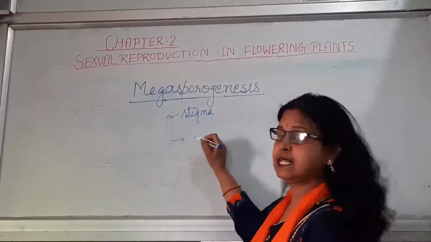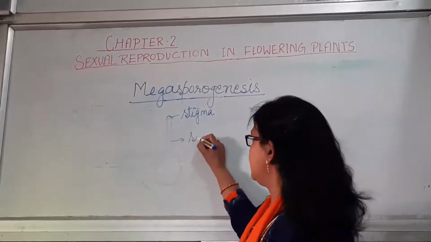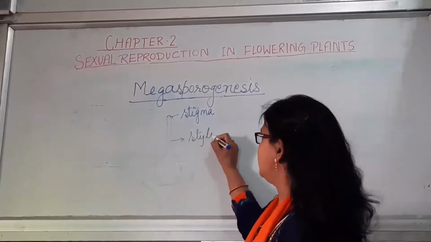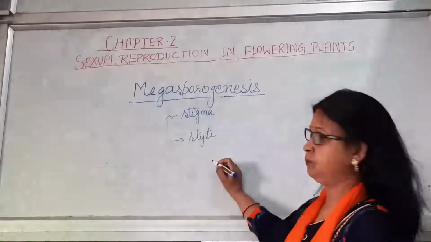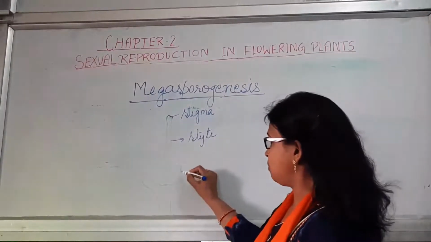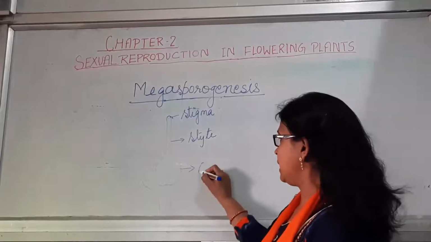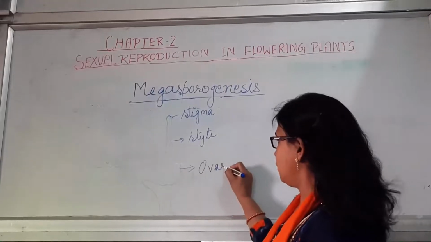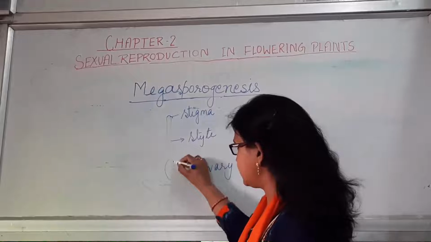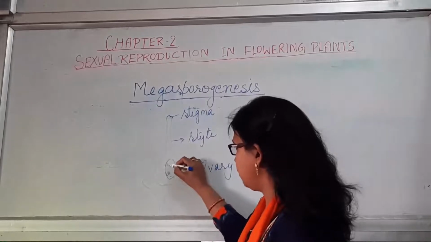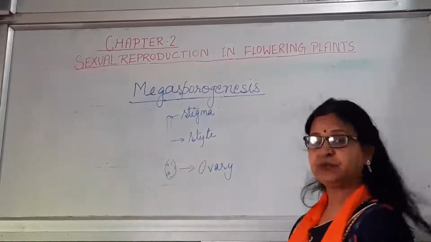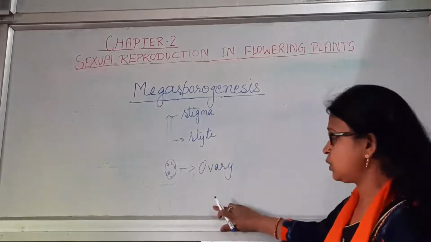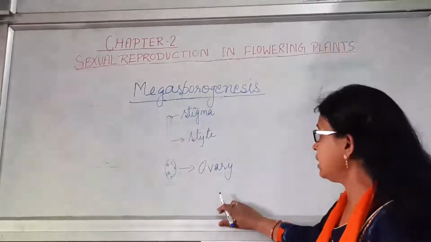The long tube-like structure is known as the style, which gives passage for the pollen tube. Then the lowermost, swollen part is known as the ovary, and inside this ovary there is the placenta on which the ovule is present. So this is the structure of the female reproductive part, or gynoecium.